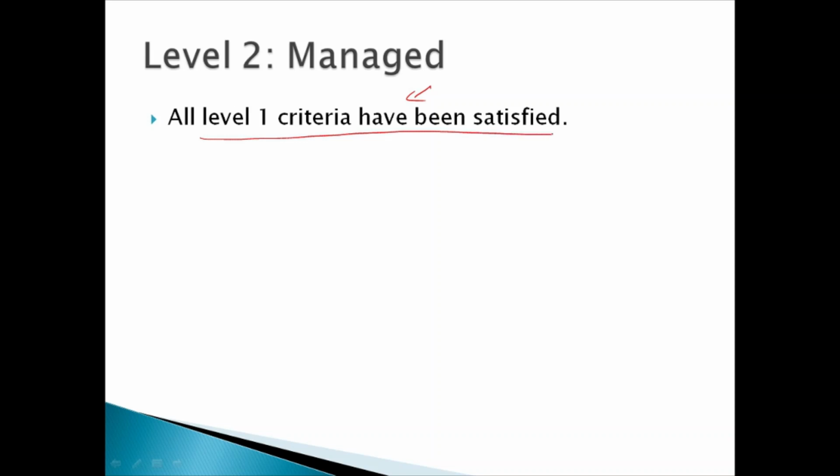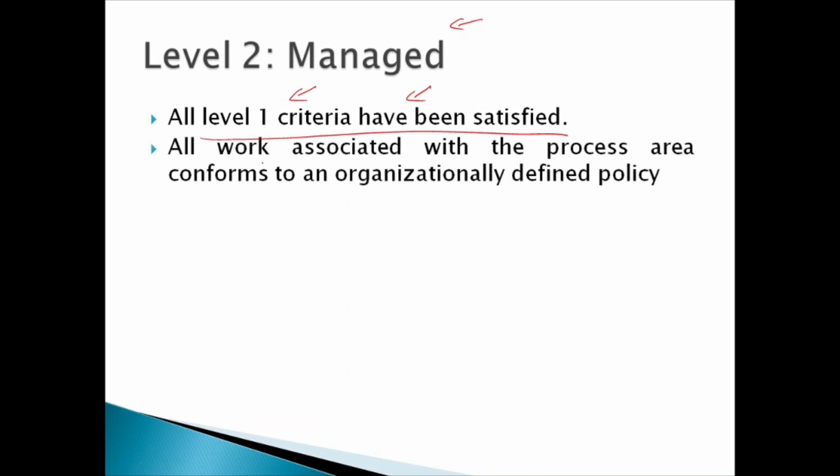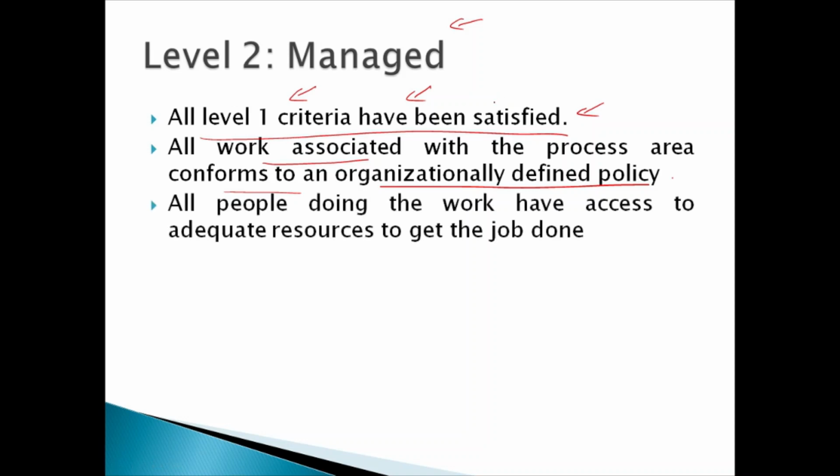Next one is managed. As I have said earlier, all level 1 criteria have been satisfied because we are talking about level 2, so definitely level 1 criteria must have been satisfied. Next, all work associated with the process area conforms to the organizationally defined policy. So the process area is conforming to the policies of the organization.